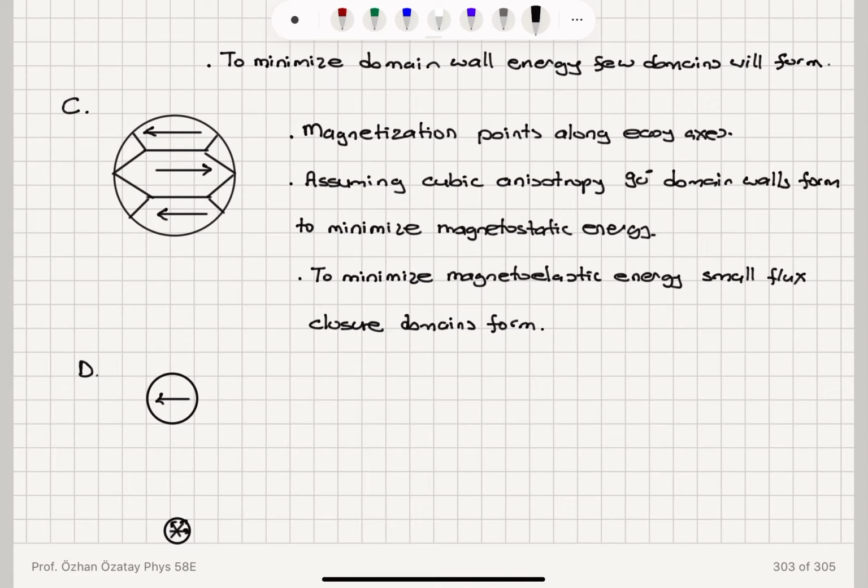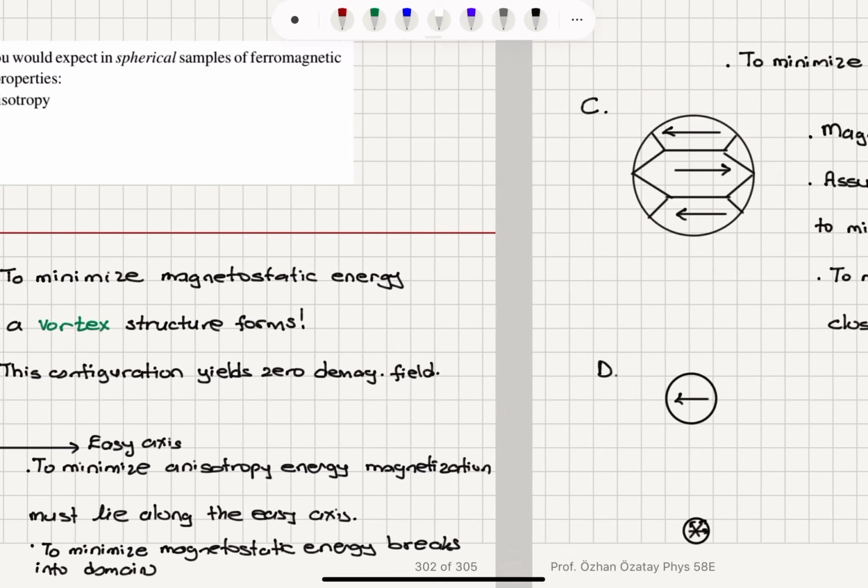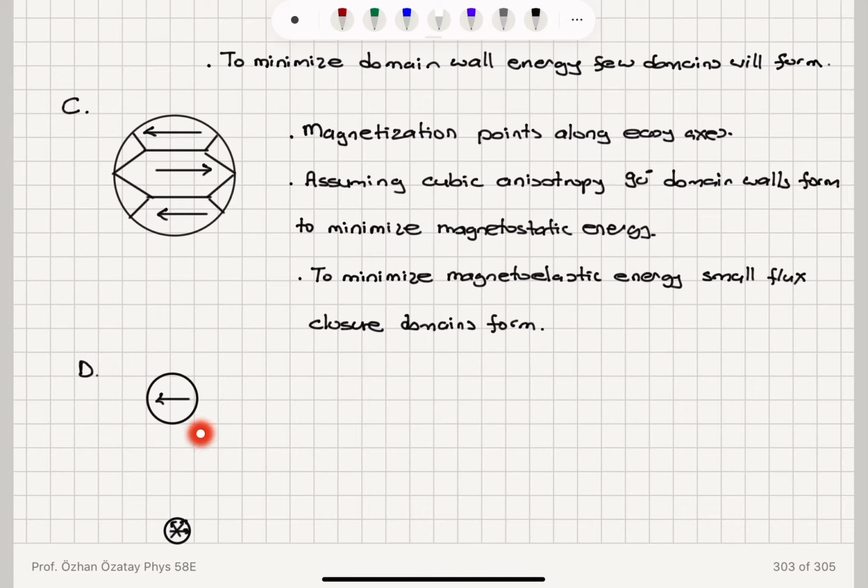All right. Now, when we have a small sample in part D, if this is a small spherical ferromagnetic material, the dimensions of the sample are less than the domain wall width. What we see is that it costs too much energy to form a domain wall, and therefore we must have a single domain.